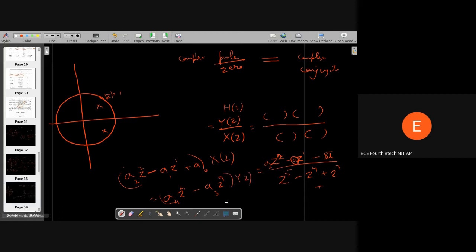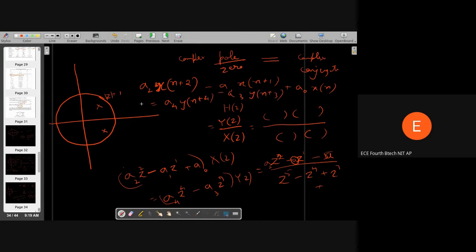Now, if you take the inverse z transform of all this, going through the z transform properties, these are simple properties, you will get a2 x[n plus 2] minus a1 x[n plus 1] plus a0 x[n] equal to a4 y[n plus 4] minus a3 y[n plus 3], like this.